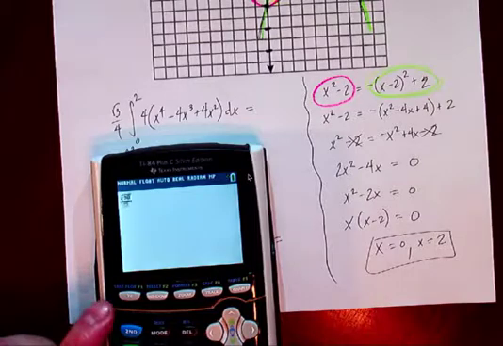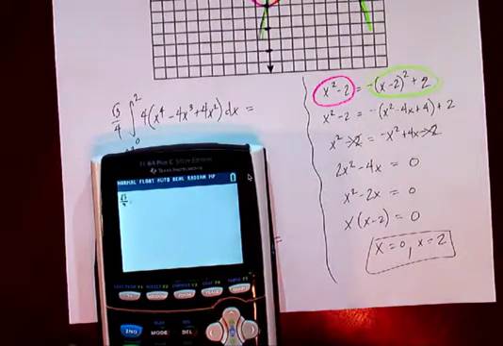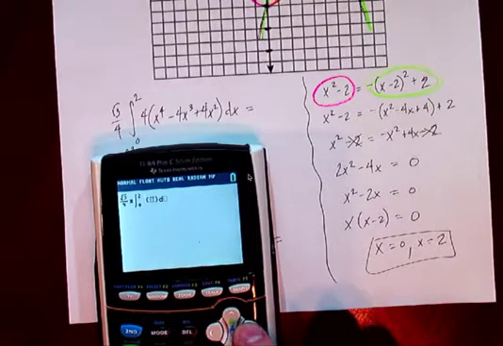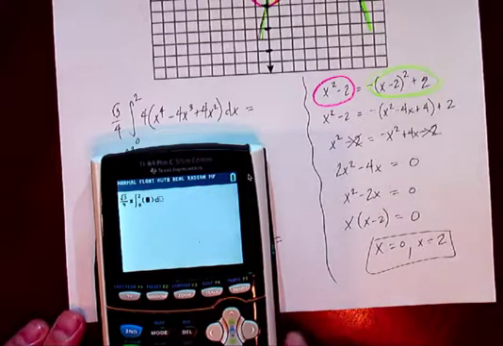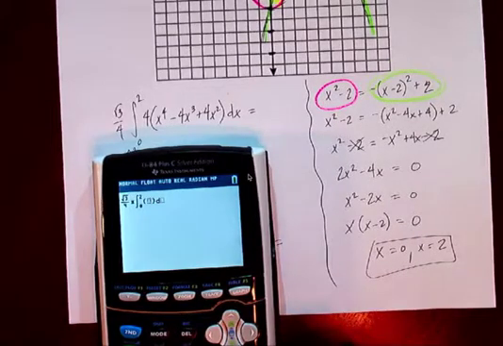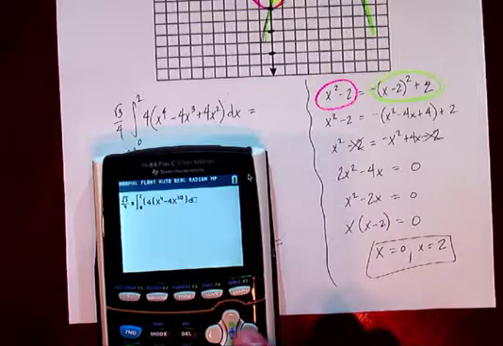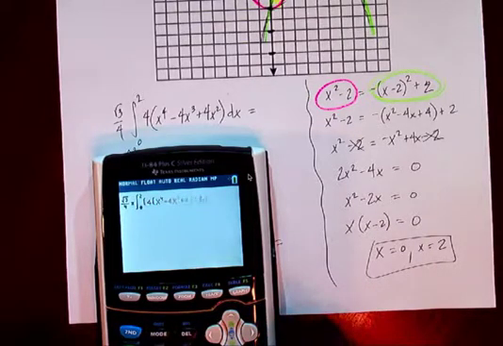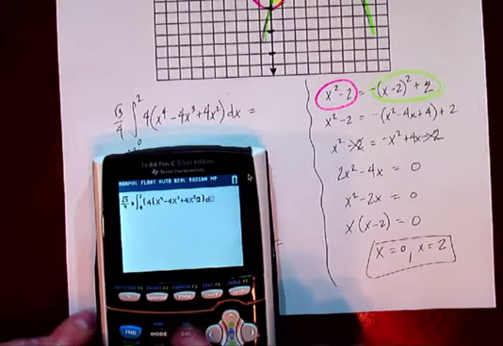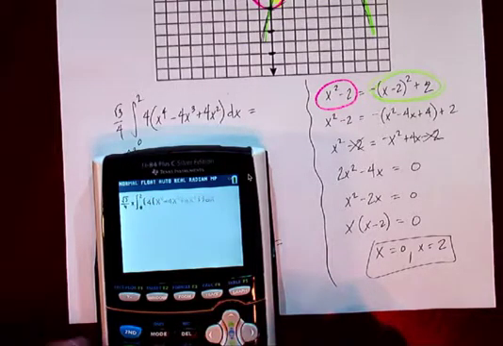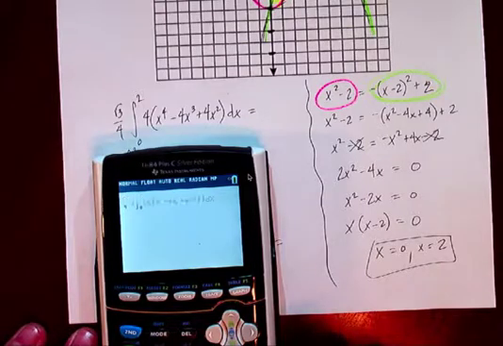So root 3 over 4 times the integral from 0 to 2 of, we'll call it 4 times x to the 4th minus 4x cubed plus 4x squared. I need to put in another parentheses and then times dx.